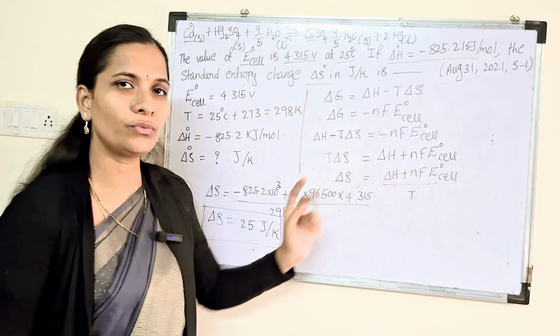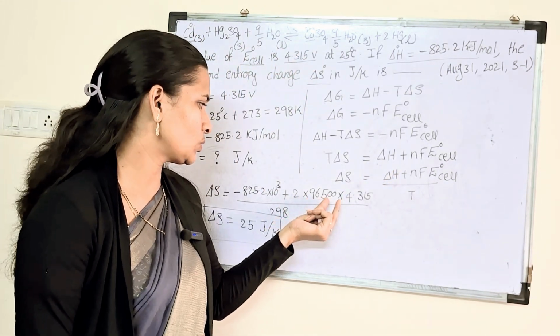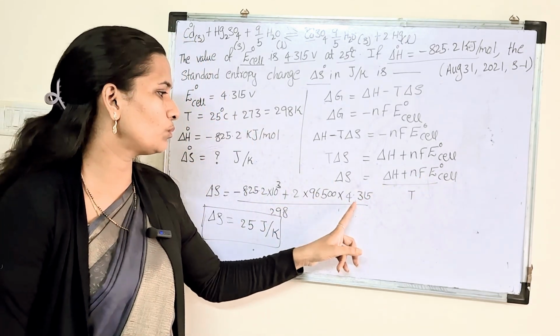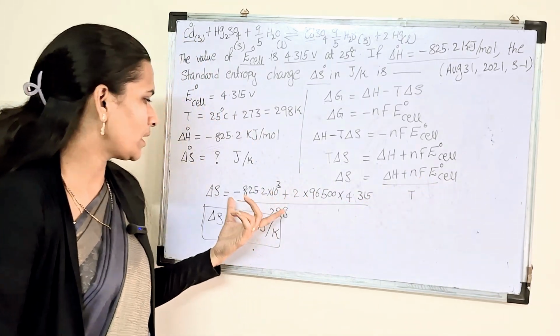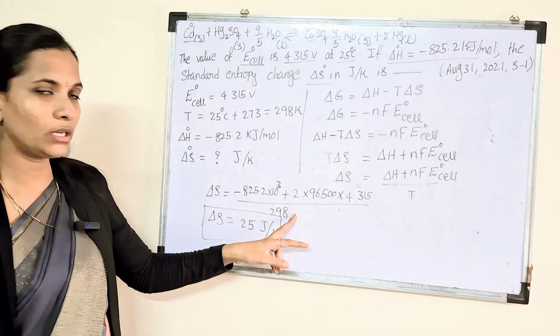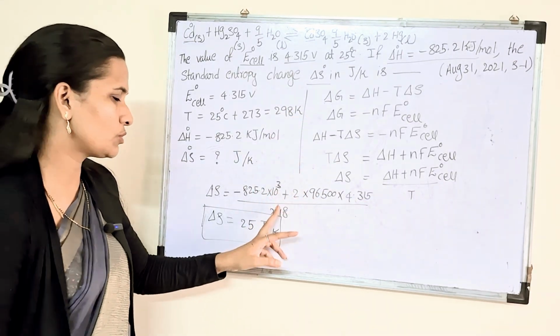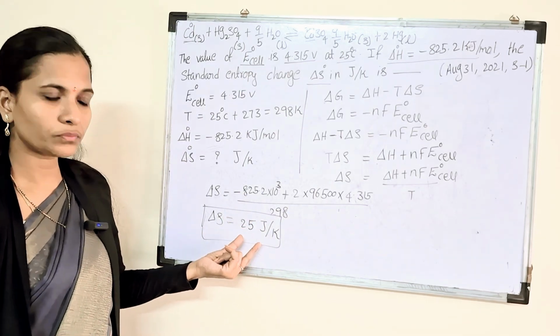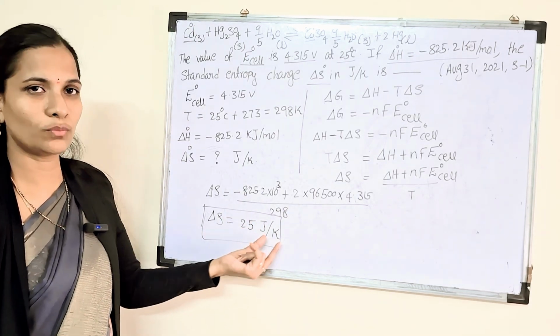So 2 into F, the Faraday value 96,500, into the E° cell 4.315, divided by the temperature, 298 Kelvin. After substituting and calculating, delta S will be nearly equal to 25 joule per Kelvin.